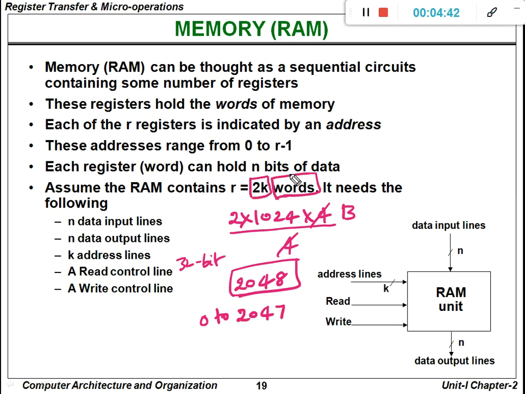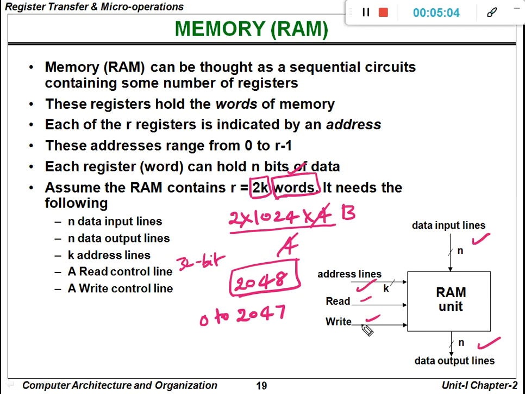For 2K words, we need n data input lines, n data output lines, and k address lines, and the operations performed on RAM are read operation and write operation.